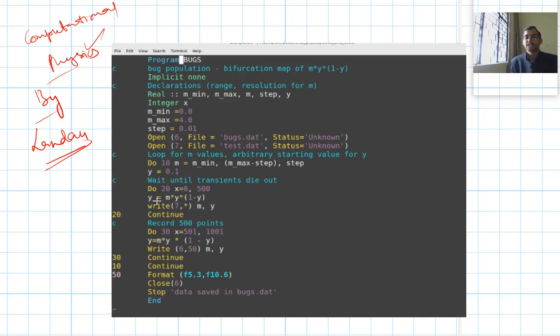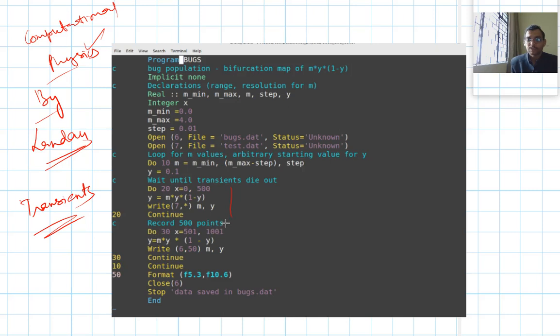And this is the code which I have written. Then I did two things, because initially there is transient behavior. In the initial stage there are fluctuations in the population, and we call that transients. So I have omitted the initial points.